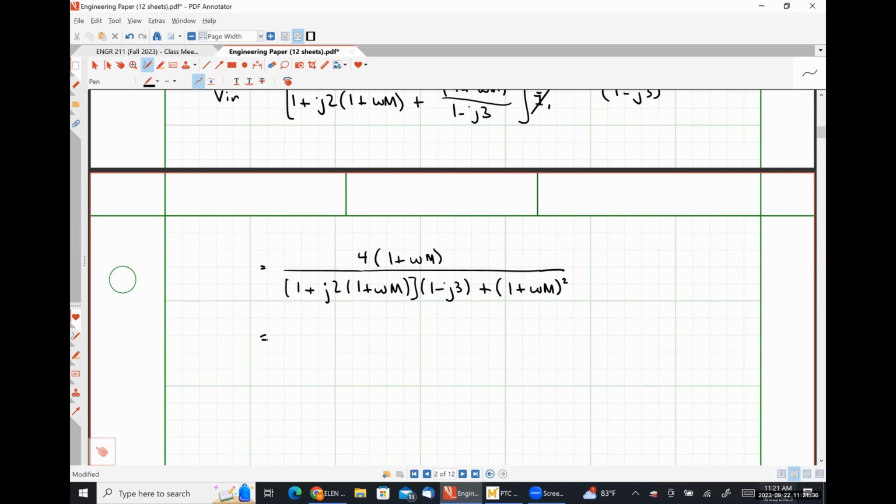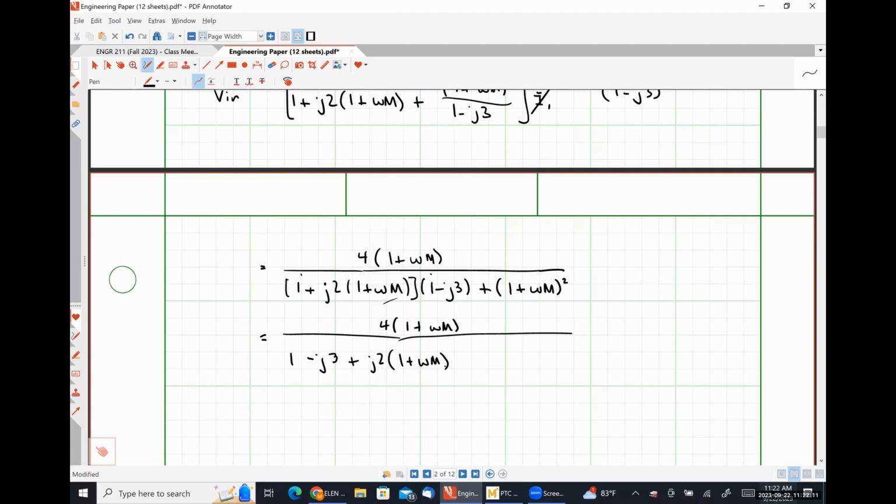So let me put my numerator down. 1 plus omega m. So 1 times 1 is 1. 1 times minus j3 is minus j3. Then I'm going to have, so that's this times this, and then this times this. So now I need to multiply this j2 term, all that times 1. So plus j2, 1 plus omega m.